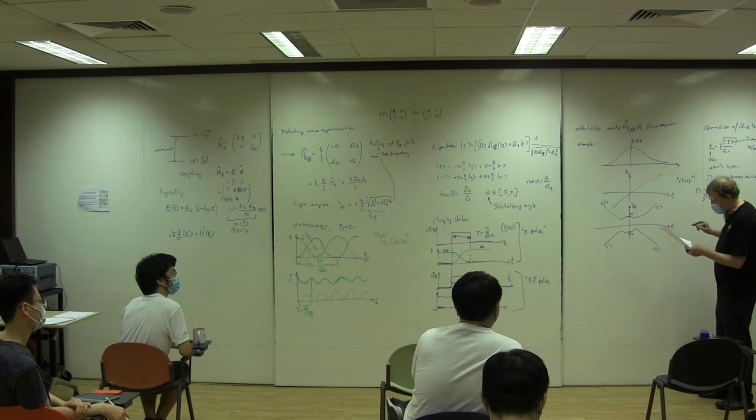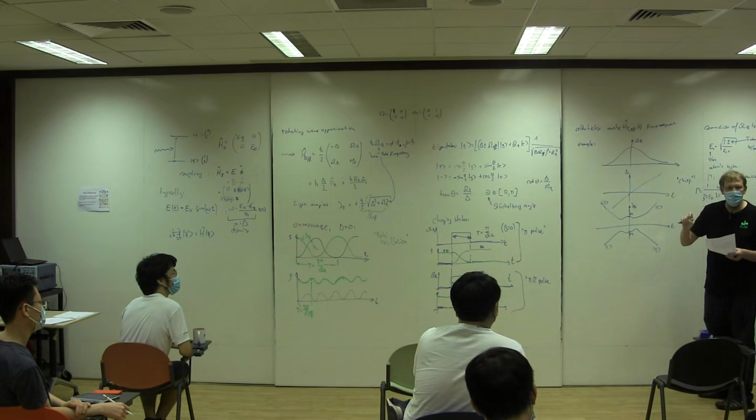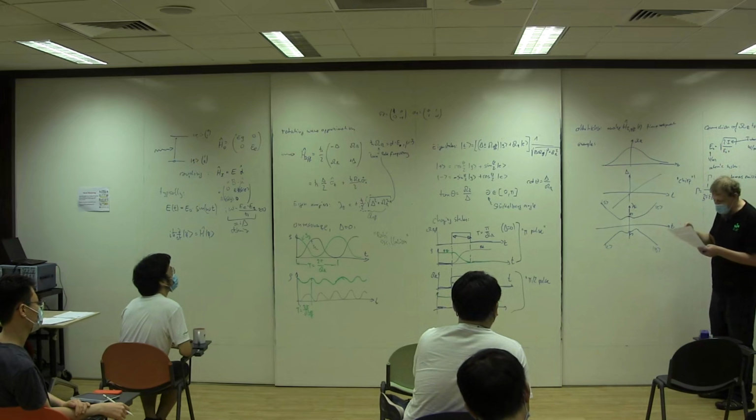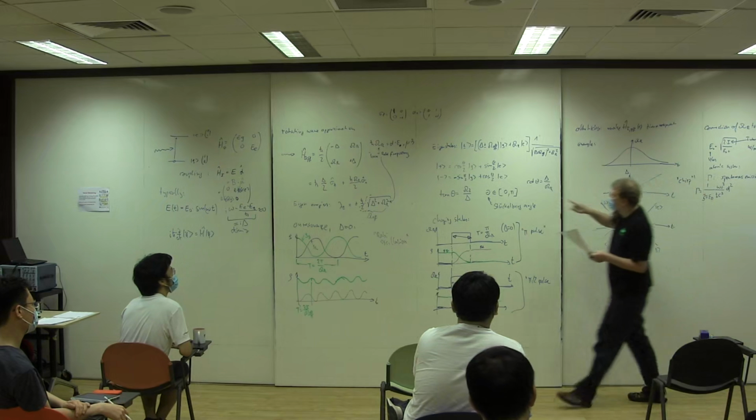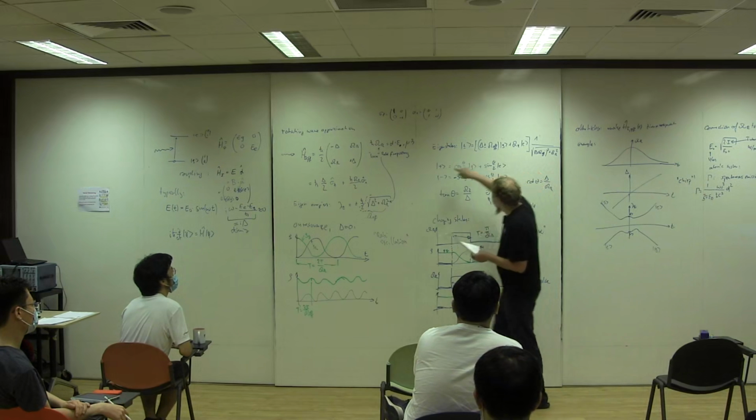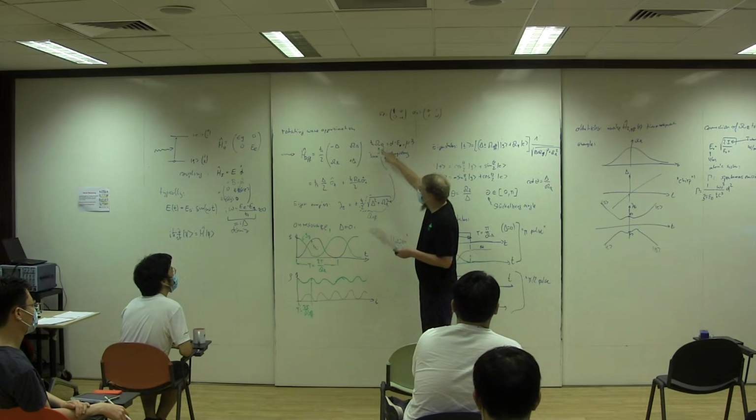But what you often do is you realize, okay, electric field is proportional to the square root of the intensity of your light beam. And the Rabi frequency is proportional to the electric field amplitude.